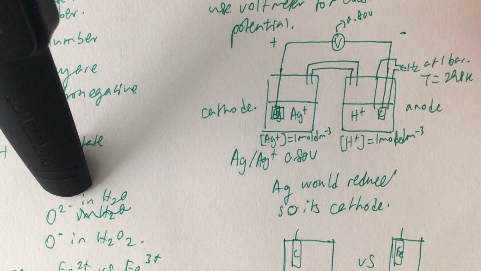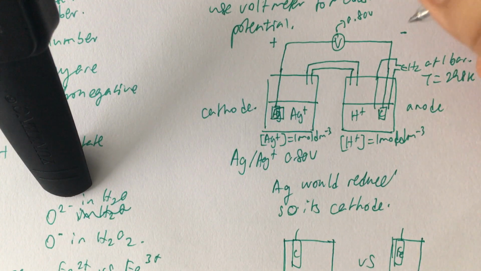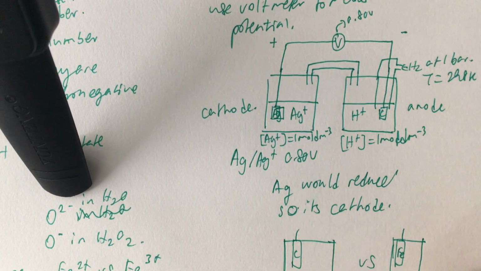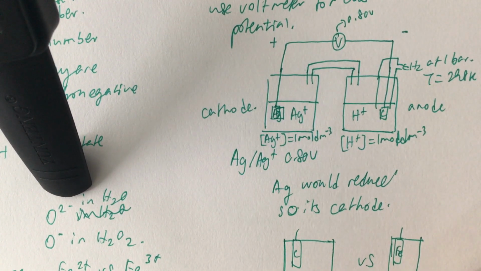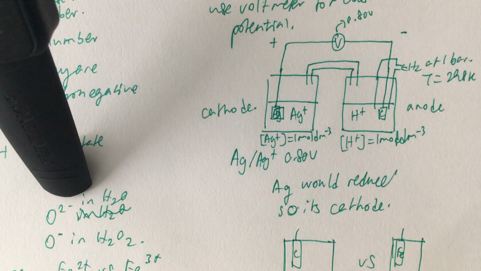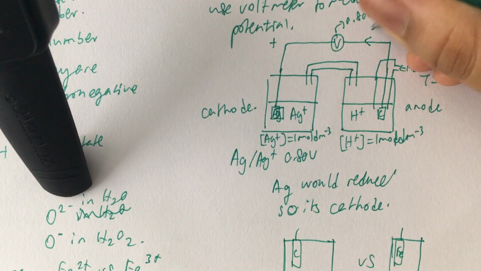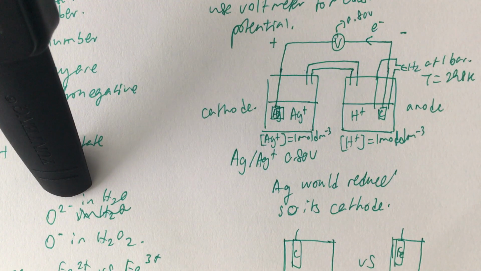Likewise in a battery, the electrons want to go from negative to positive, and the battery in this case is the electrochemical cell. So the electrons will go from the anode to the cathode. The anode is the negative and the cathode is the positive. You can use that to figure out what is what.